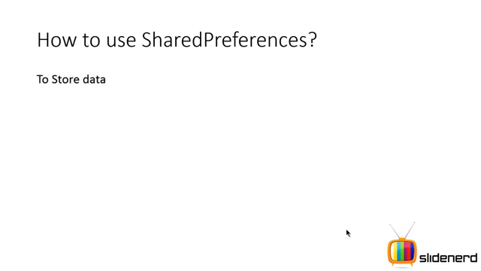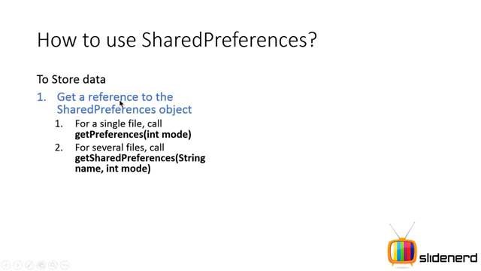So now let's talk about how to store data using shared preference. Very simple. Get a reference to the shared preferences object, which is responsible for putting data and getting data from it. If you have a single file in your app, call getPreferences. If you have several files, call getSharedPreferences with the string name, that is the name of the file, and int mode, which we discussed previously. Next, call the editor.